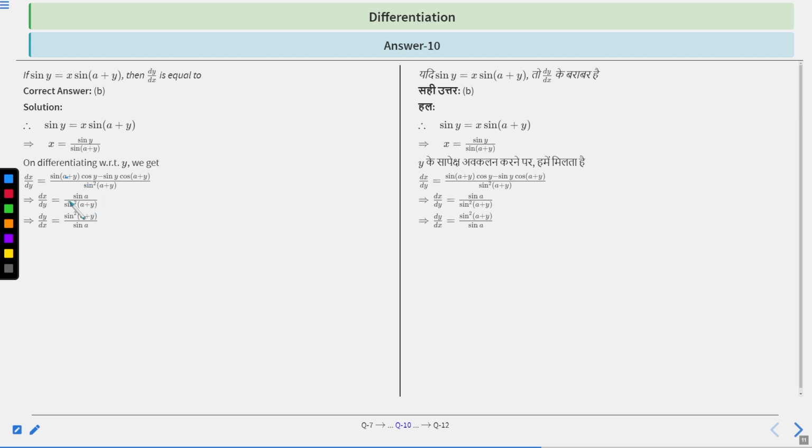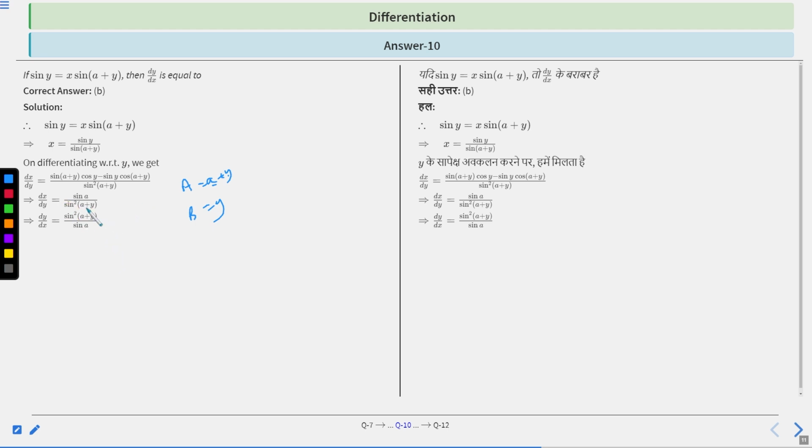Now dx by dy is equal to, see, this sin a plus y cos y minus cos a plus y sin y. Sin a cos b minus cos a sin b can be written as sin a minus b, where a is a plus y and b is y, right? So a plus y minus y can be written as sin a, right?